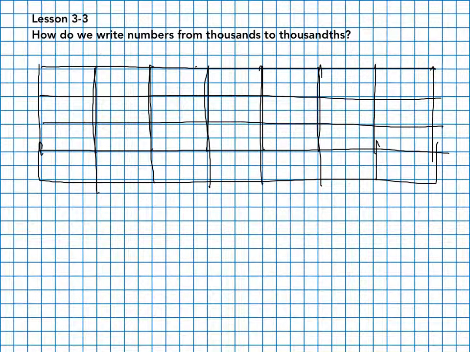Now, we're going to start with this middle column, because this middle column is our most important column. This is where everything starts, and if we think about it, this is where everything kind of revolves around. So we're going to type, this is our ones, and we're going to put that right there.